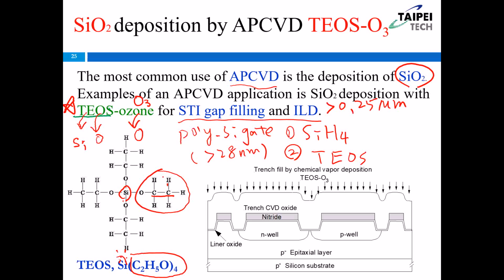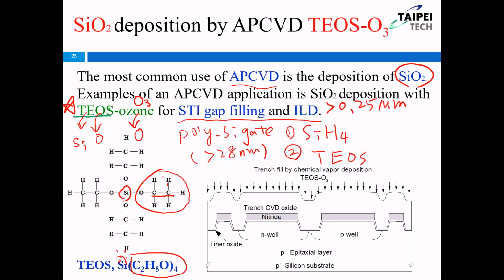Right now, I only want to deposit the silicon. I don't want to deposit silicon dioxide. I want to deposit the polysilicon. So do I want the oxygen or not? I don't want oxygen. TEOS has silicon to oxygen bonding, and the bonding between silicon and oxygen is very strong.